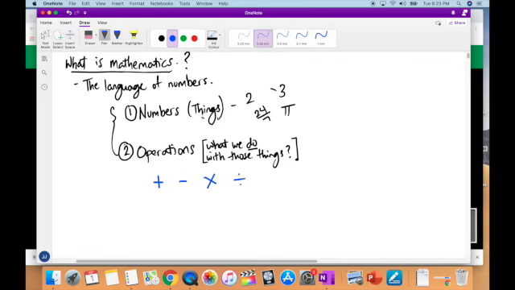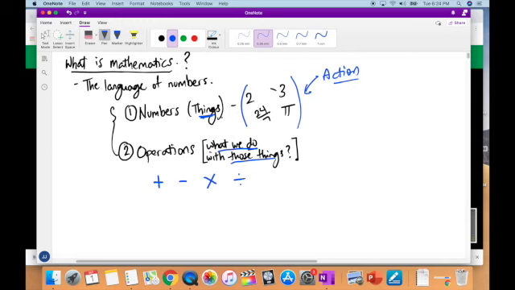We have things, which are numbers, and then we have what we do with those things. So what can we do with these numbers? Well, we can apply an action. So that is the word you were looking for. What is an operation? An operation is an action. You are applying an action to these numbers, these things.